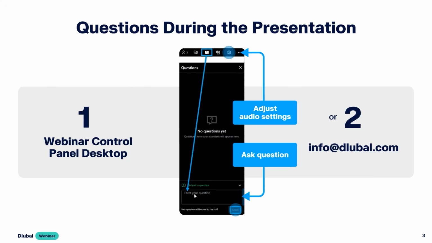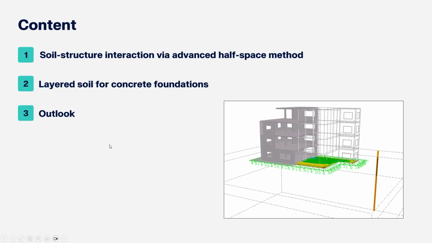Okay, thank you, Andreas, for the introduction. Welcome also from my side to our webinar today for the Geotechnical Analysis add-on. We now will go to the first slide, and here we can see the content for today. Our main topic for this webinar is soil structure interaction using the advanced half-space method.